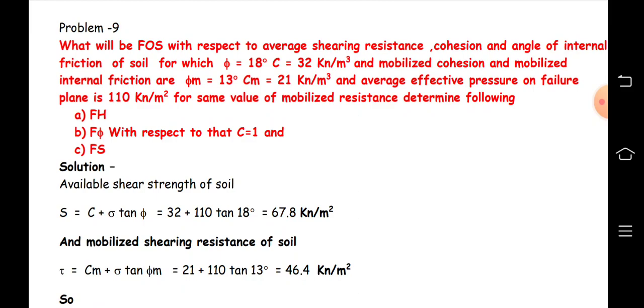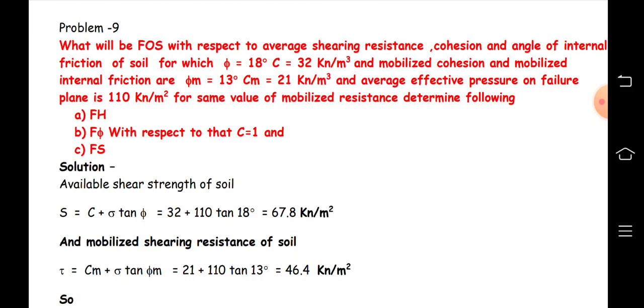For the same value of mobilized resistance, determine the following: Fh, the factor of safety with respect to height, then the factor of safety with respect to angle of internal friction, so that value of C equal to 1, and the factor of safety with respect to strength.